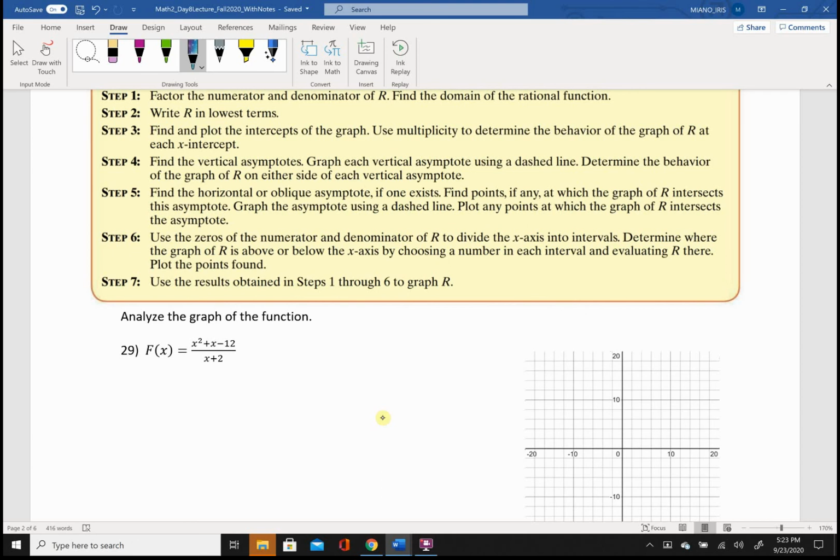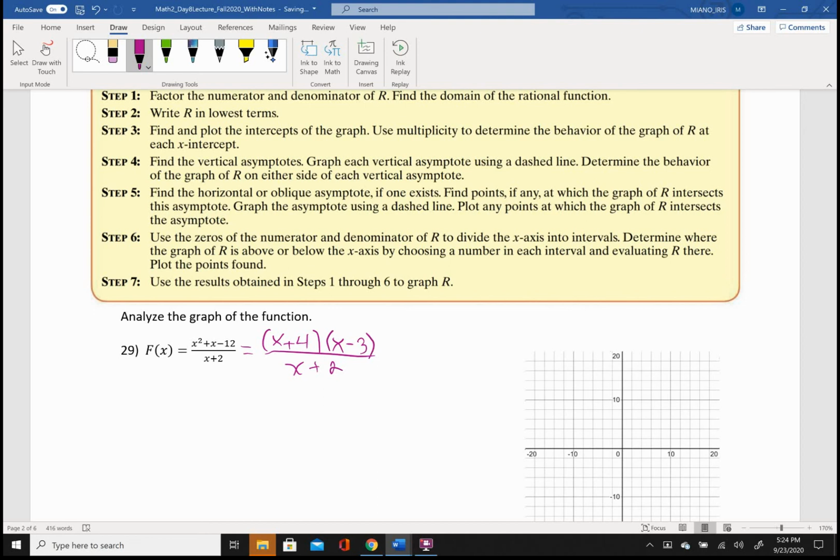So let's first factor it. So that'll give us, actually I don't want that thick marker bit. I'm going to continue to use my beautiful magenta color. What will it look factored? Well, the denominator can't be factored, so that'll just remain x plus 2. But that numerator can be factored, and I believe it factors as x plus 4 times x minus 3.